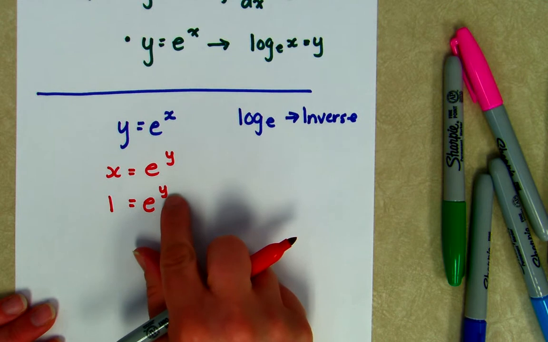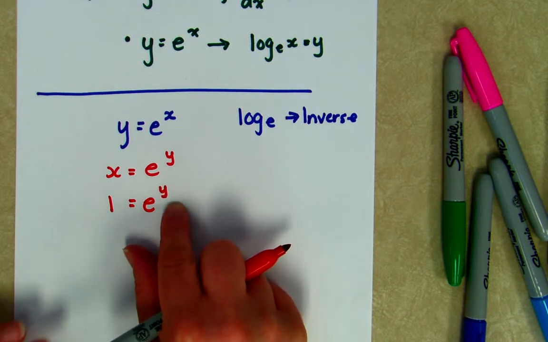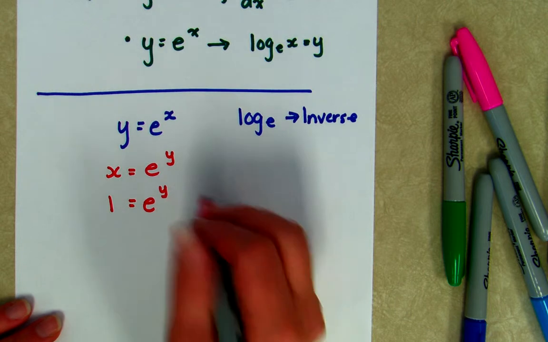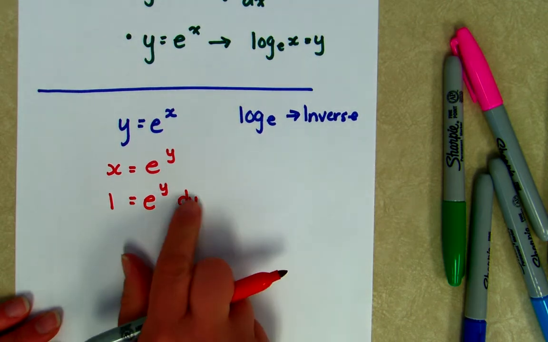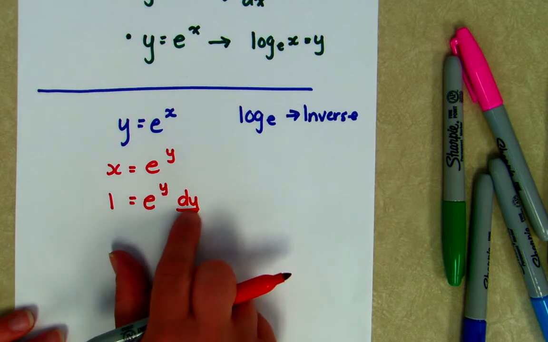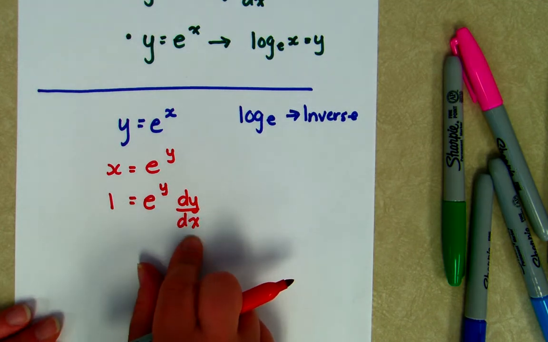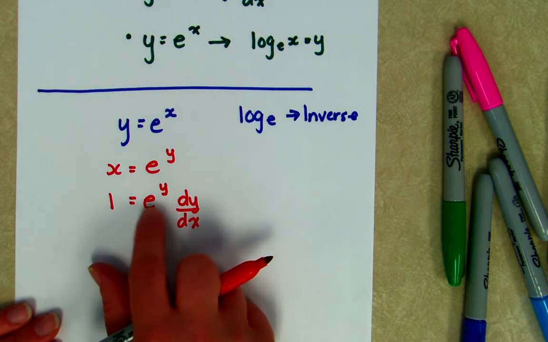But here's where I have to be careful. Now my function that's in the exponent is y. Well, the derivative of y is dy/dx, so I have to multiply that here. If this was just an x, the derivative is really dx/dx, so that's how we get it to be 1. But in this case, because the exponent is y, I can't just multiply by 1. 1 is the derivative of x.